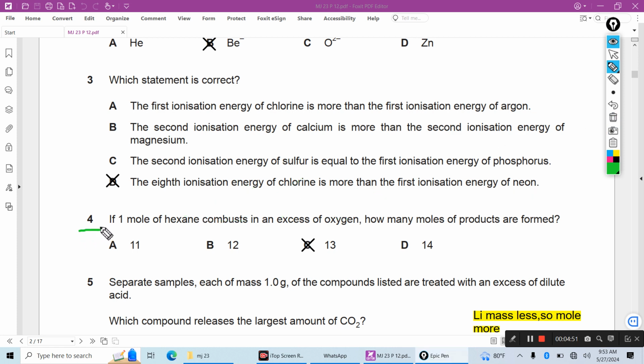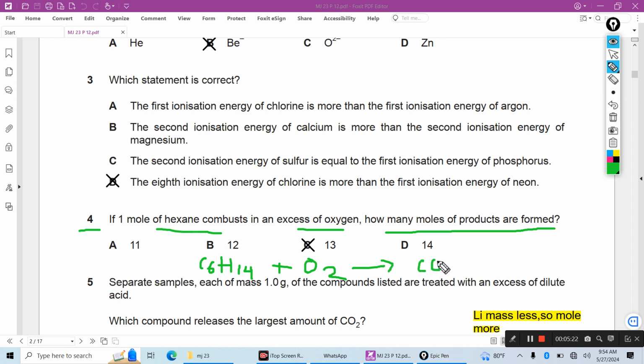Now number 4: if 1 mole of hexane combusts in excess oxygen, how many moles of products are formed? Hexane is C6H14. If it reacts with oxygen, it forms carbon dioxide plus water.